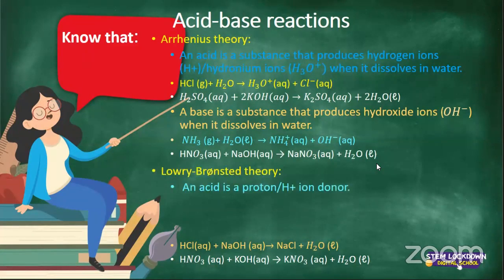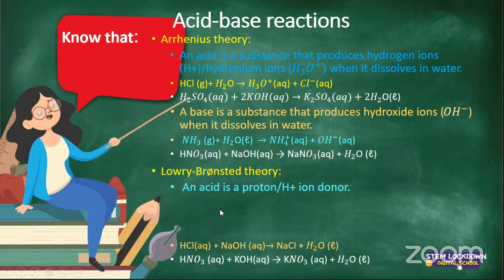Right, and then Lowry-Brønsted theory says an acid is a proton donor. So if you look at these two written in white, you have nitric acid here. What does it do? It donates a proton to the OH to form water, right?